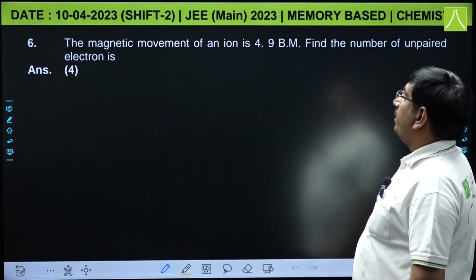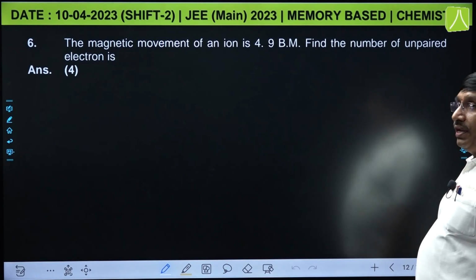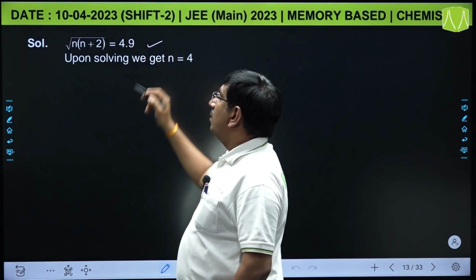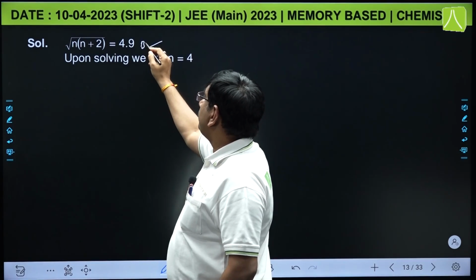The magnetic moment of an ion is 4.9 BM. Find the number of unpaired electrons. The magnetic moment can be calculated by the formula root over n(n+2) = 4.9 BM.